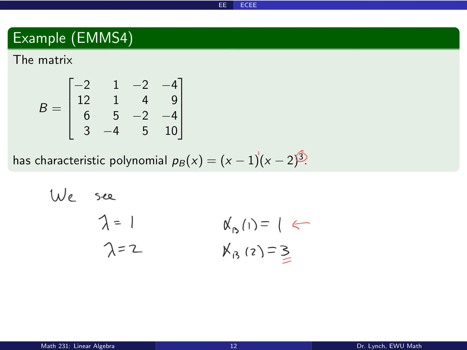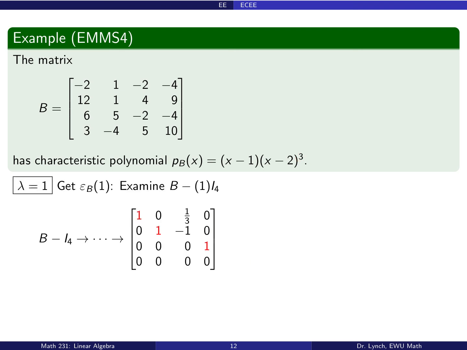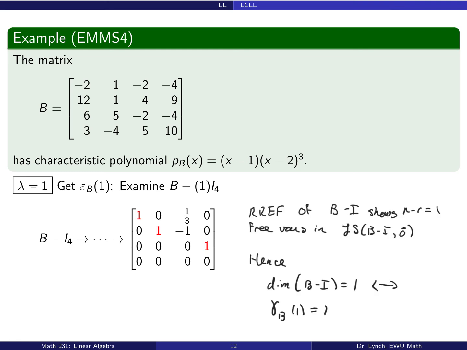So we can also compute the geometric multiplicities by having a look at the eigenspace. I won't go through all the details, but if you want to look at the eigenspace of the matrix B corresponding to the eigenvalue 1, have a look at the matrix B minus 1 times I. Of course, we're going to find the null space, and we can see that there's exactly one free variable here, so the dimension of that null space is 1.